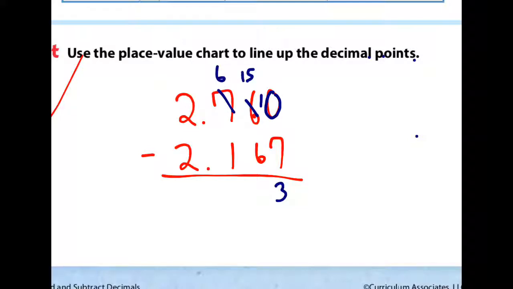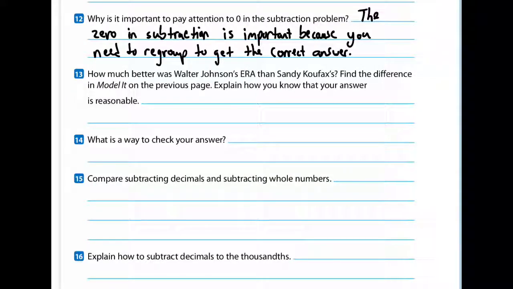Do some more regrouping. 15 minus 6 is 9. 6 minus 1 is 5. Keep your decimals lined up. And 2 minus 2 is 0. So this is my answer, 593 thousandths. So how much better? His ERA was 593 thousandths better.